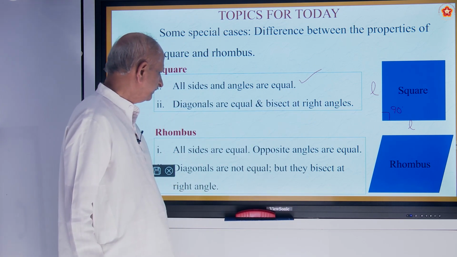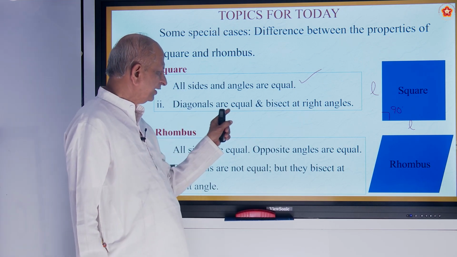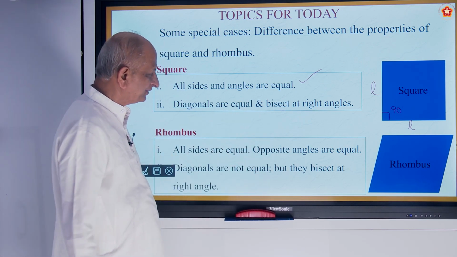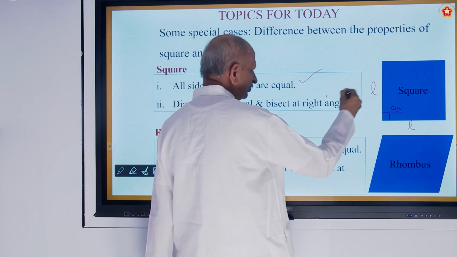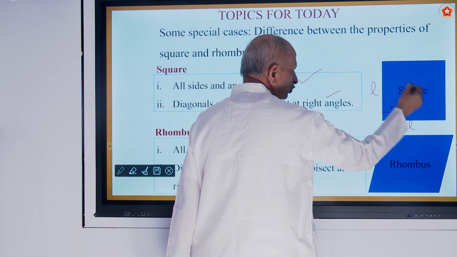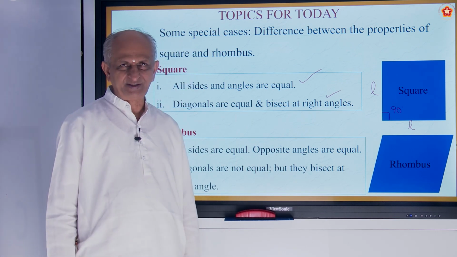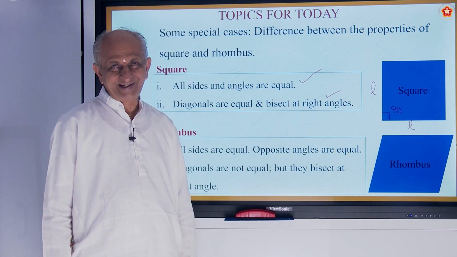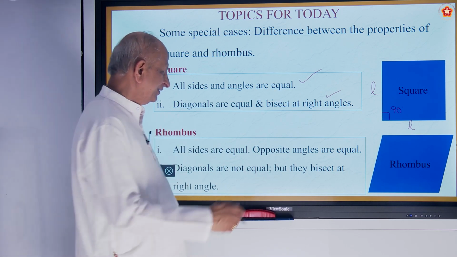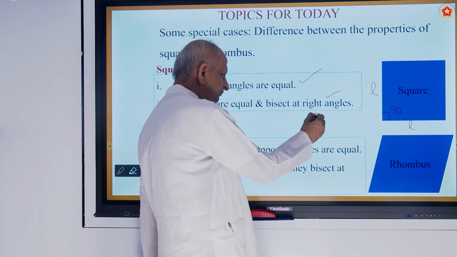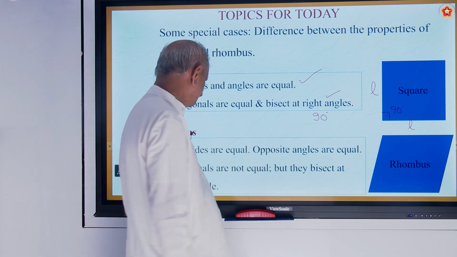Number 1. Diagonals are equal and bisect at right angles. So suppose you draw a diagonal here, 1, 2, they will be equal and they bisect each other at right angles. Right angle means how much? Right angle means angle will be 90 degrees.